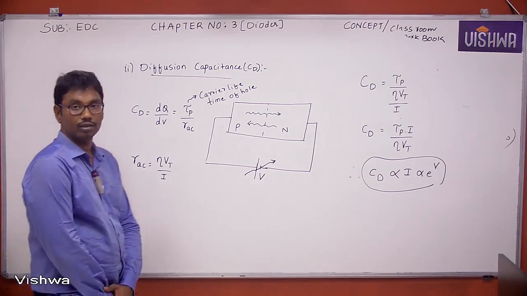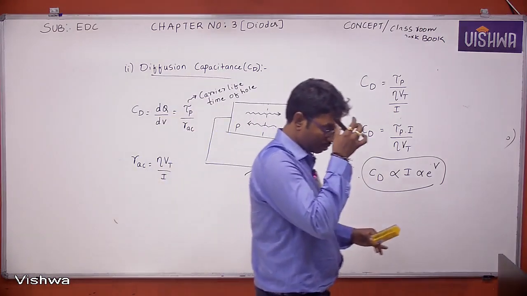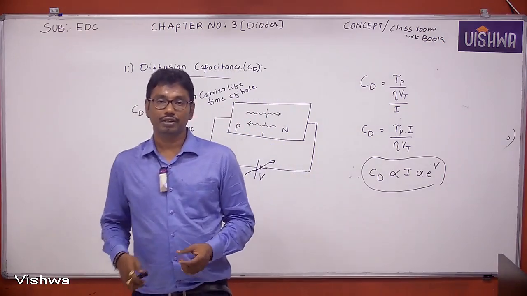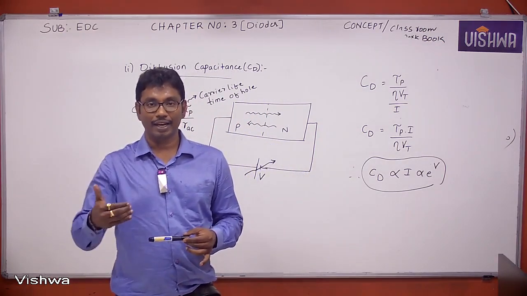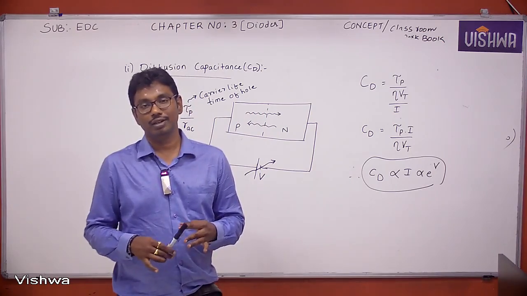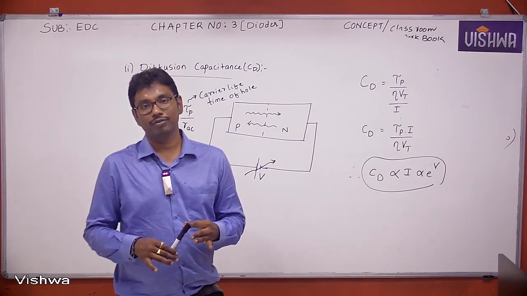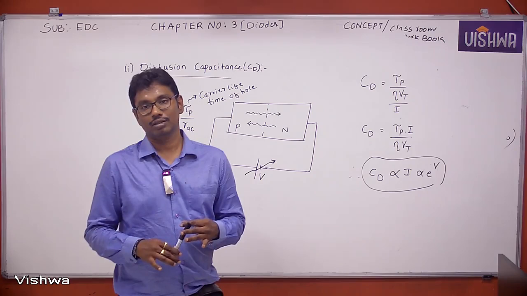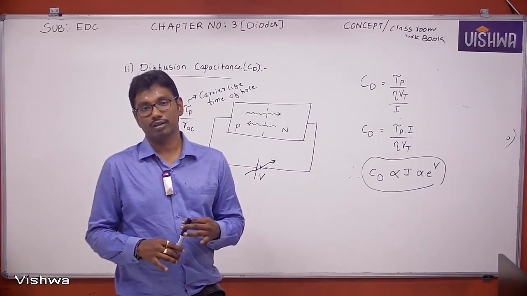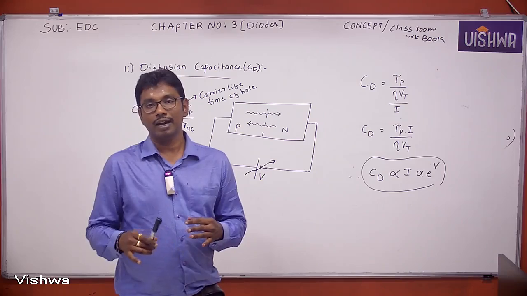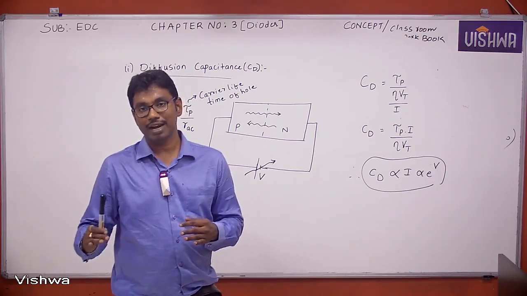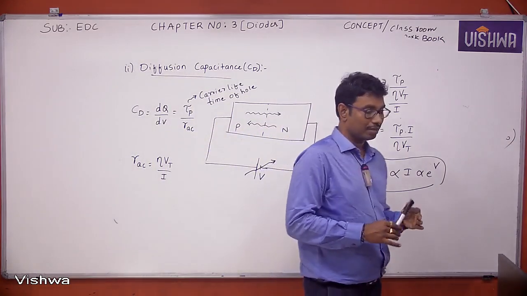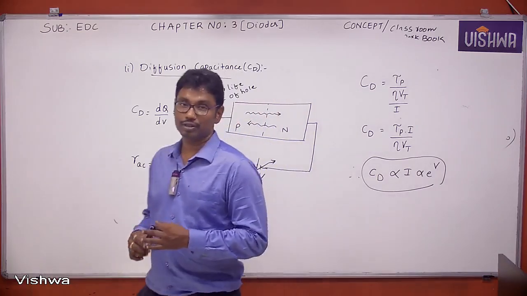Yeah, completed. Next one. Write a question. A PN junction has a carrier lifetime of 100 picosecond, and it is biased at 1 milliampere at room temperature.